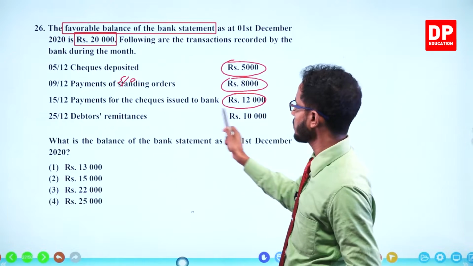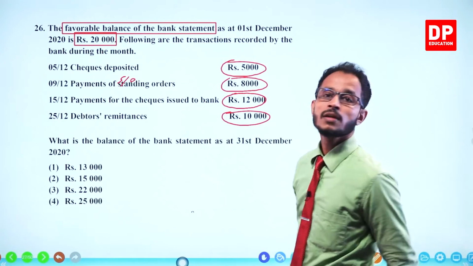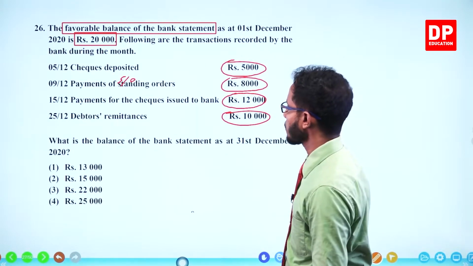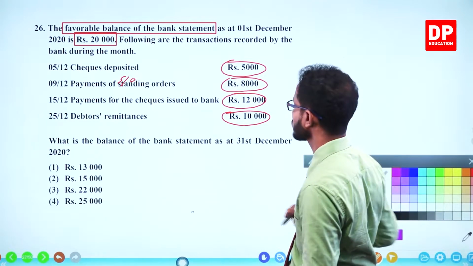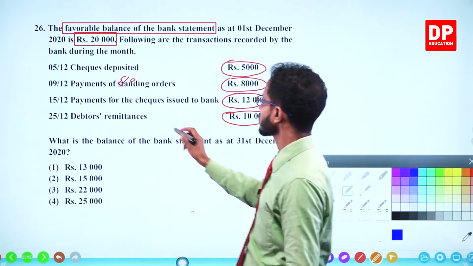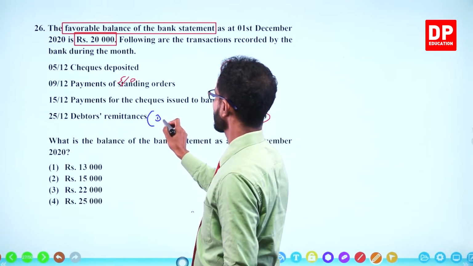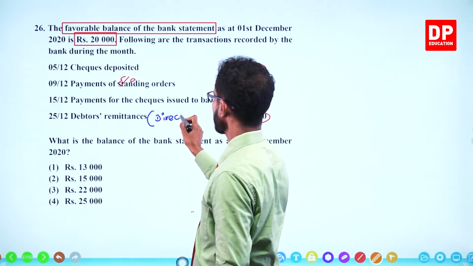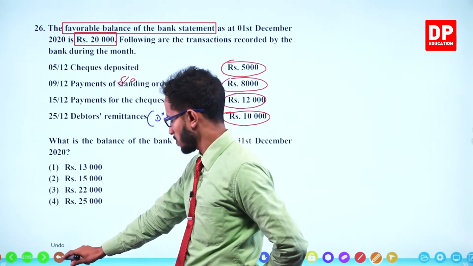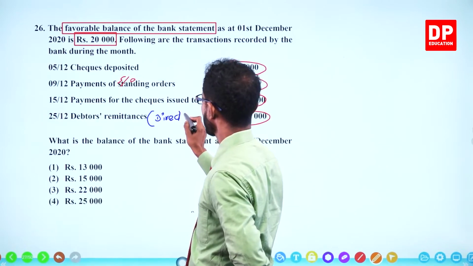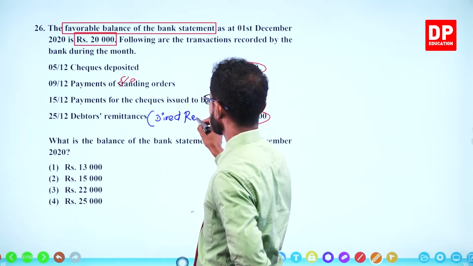Debtors' direct remittance, 10,000. Okay, these are the direct remittances.